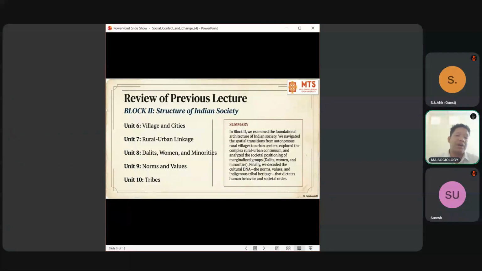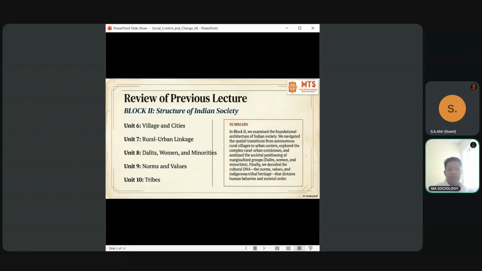So in summary, in block 2 we examined the foundational architecture of Indian society. We navigated the spatial transition from autonomous rural villages to urban centers, explored the complex rural-urban continuum, and analyzed the societal positioning of marginalized groups. Who are the marginalized groups? As you know, they are mainly the Dalits, women, and the minorities.